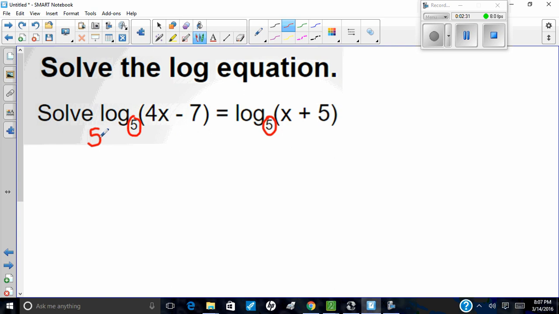So this is 5 to the power of log base 5 of 4x minus 7. That's what exponentiating is. What I do to one side of the equation to keep it balanced, I have to do to the other. So again, because our base is 5 on our logarithm, when we exponentiate, it's going to be by 5. And again, this is 5 to the power of log base 5 of x plus 5.